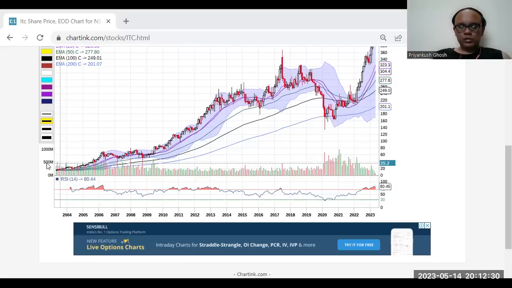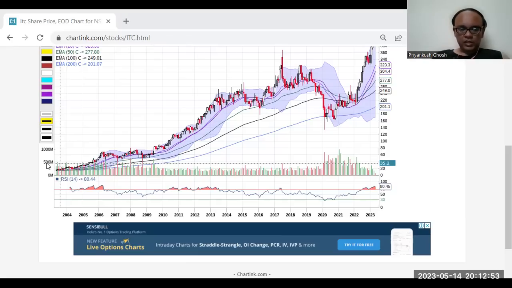Let me change the color. So a rectangle means sideways, right? And the blue is uptrending.